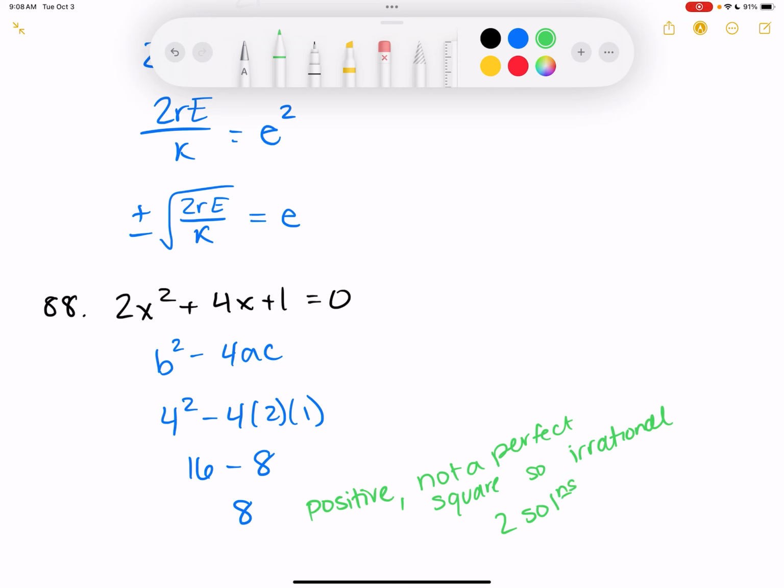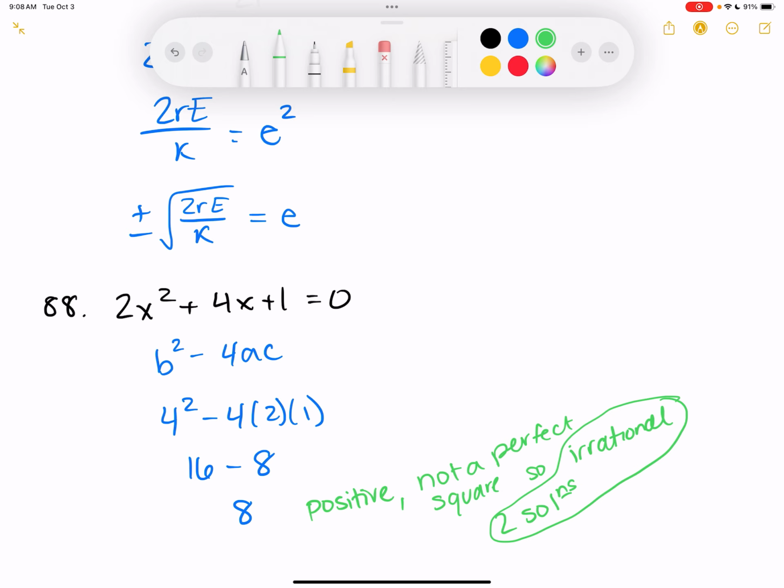All kinds of stuff they want you to have. I guess technically they're looking for irrational, 2 solutions, but it's good for you to explain why, because when you get to a quiz or test, if you write the wrong thing, I can see where you went wrong.